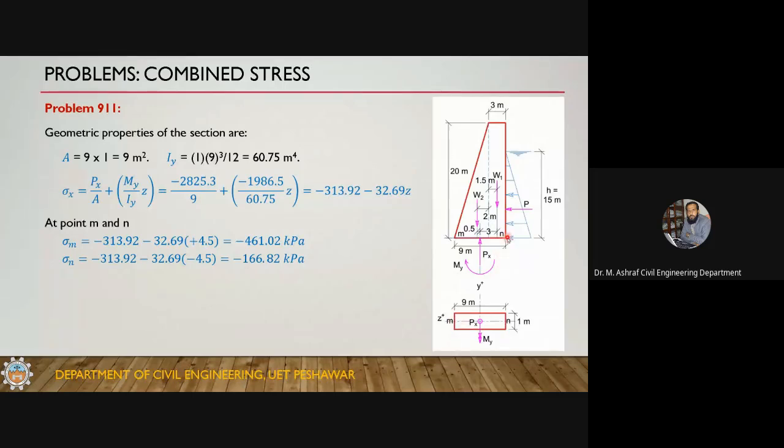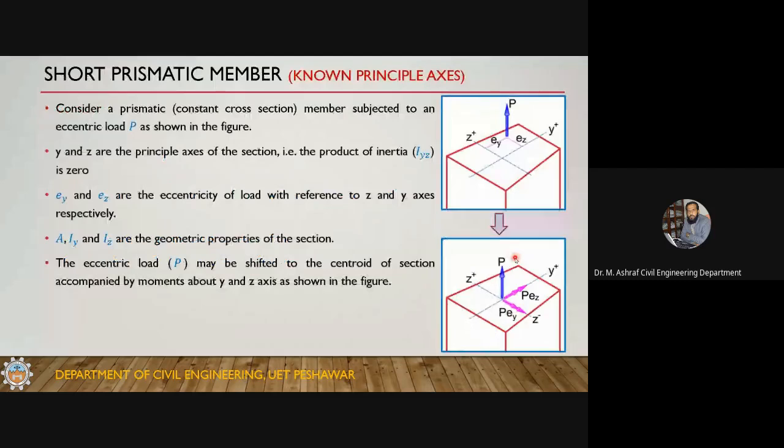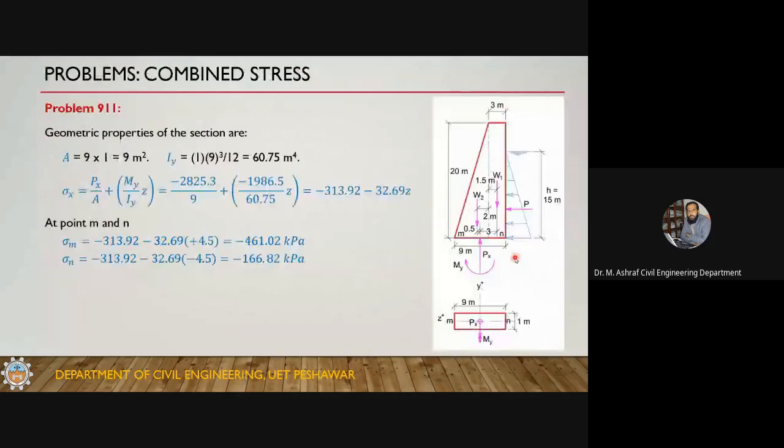If I draw the stress variation diagram, let me pick another color. Here the stress is high, here the stress is low. This is the stress variation line.